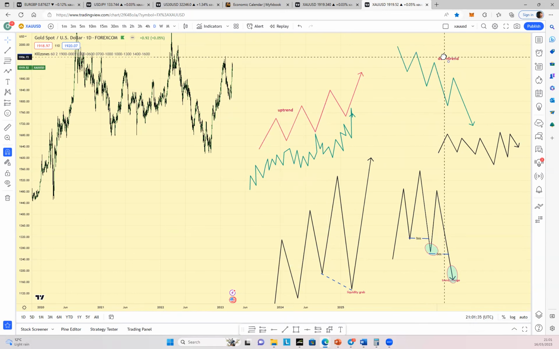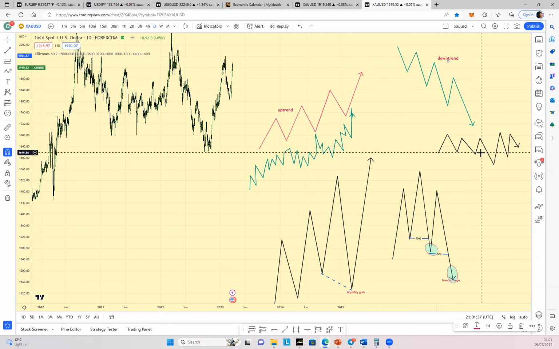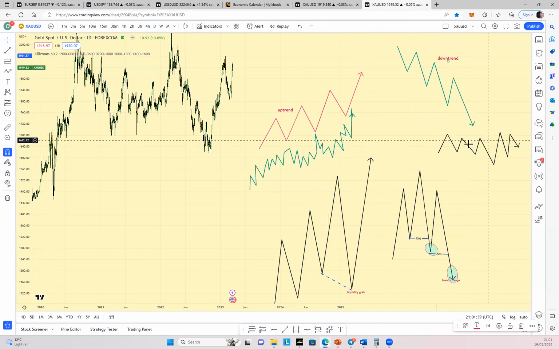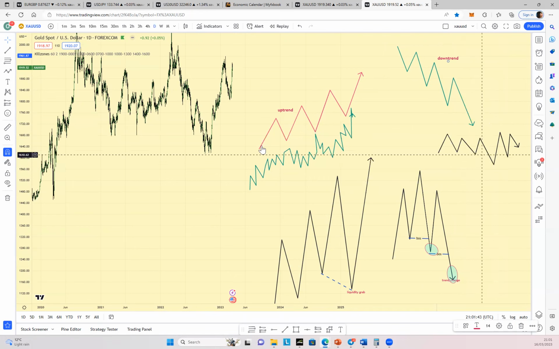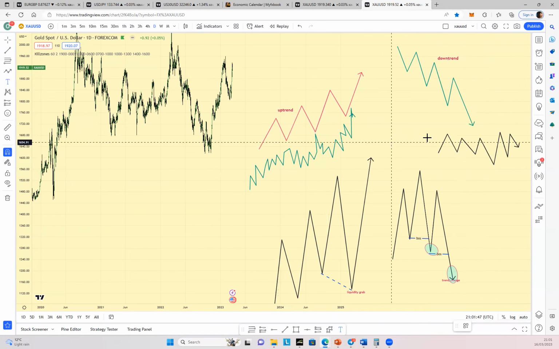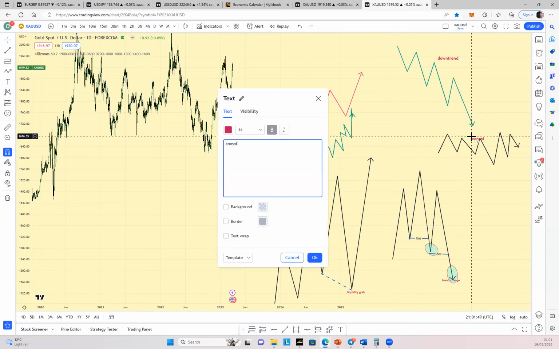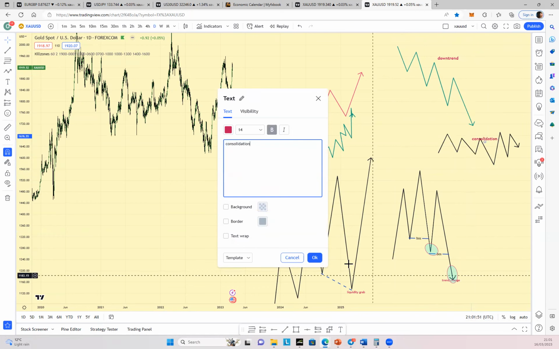Now, when you see something like this that does not look like an uptrend or downtrend, it is like an area of consolidation. Price is deciding what it wants to do, basically, similar to the picture I showed you.